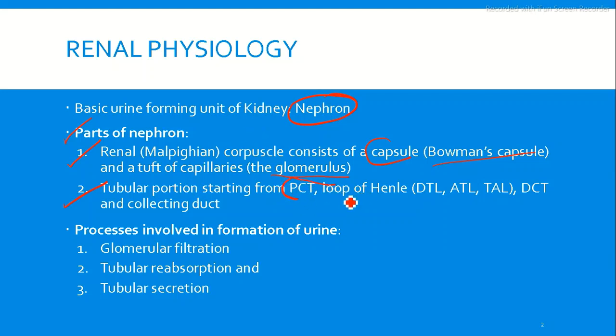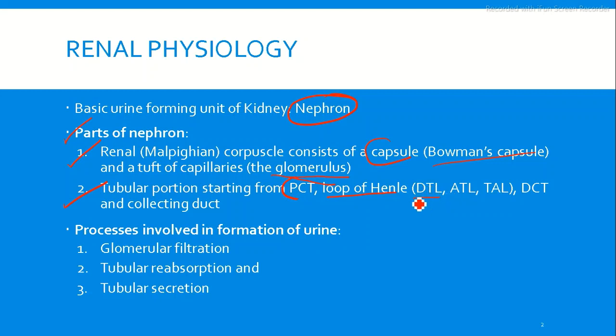Next comes the loop of Henle, which has three main parts: the descending thin limb, the ascending thin limb, and the TAL, which stands for thick ascending limb. In the case of DTL and ATL, T stands for thin, L stands for limb, and D stands for descending.